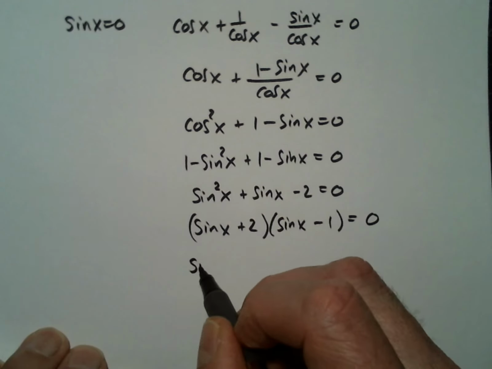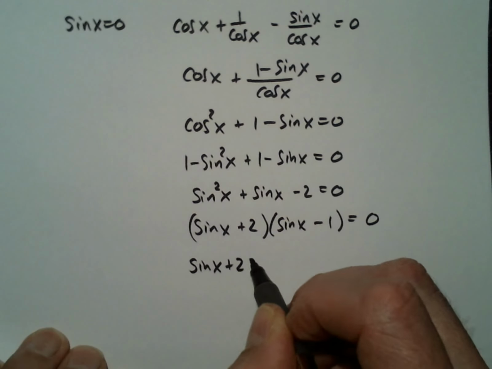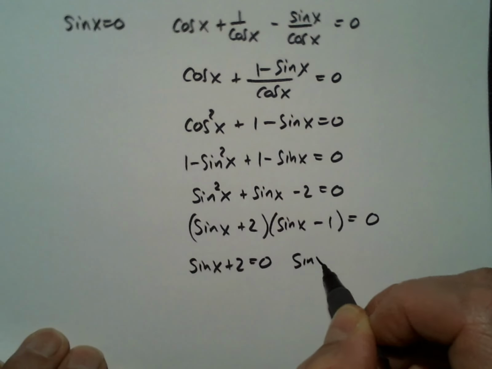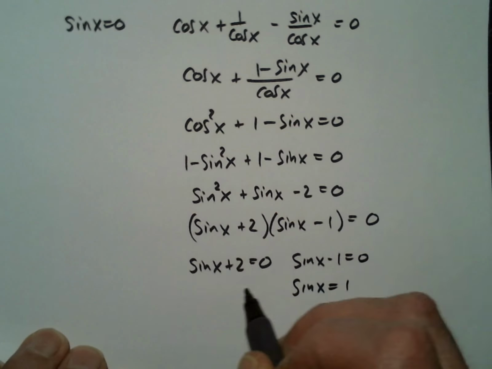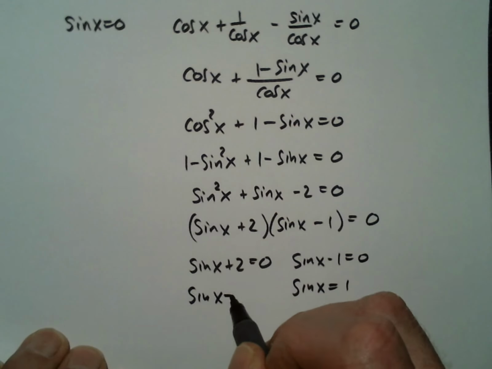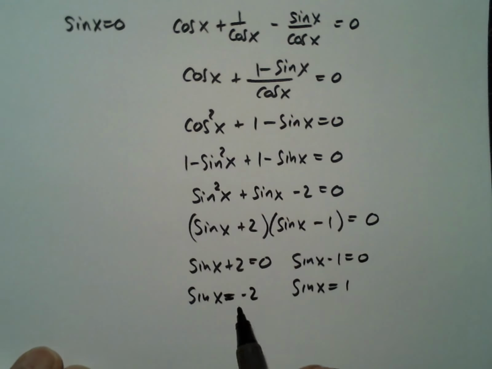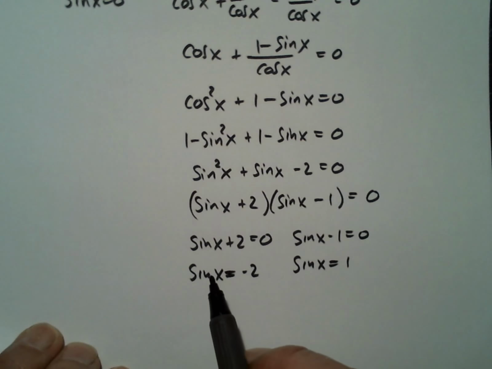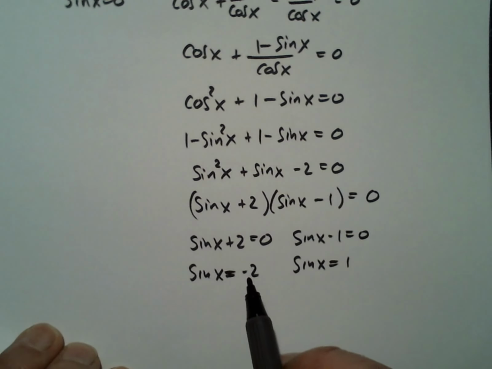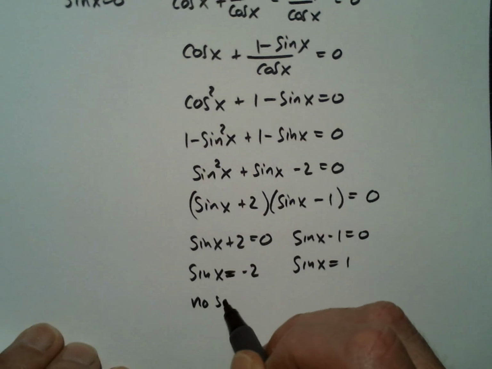And now we have this is, there's no solution here. Sine is always between 1 and -1, so there's no solution.